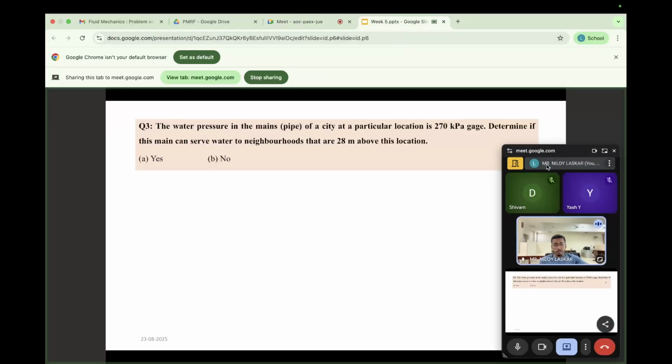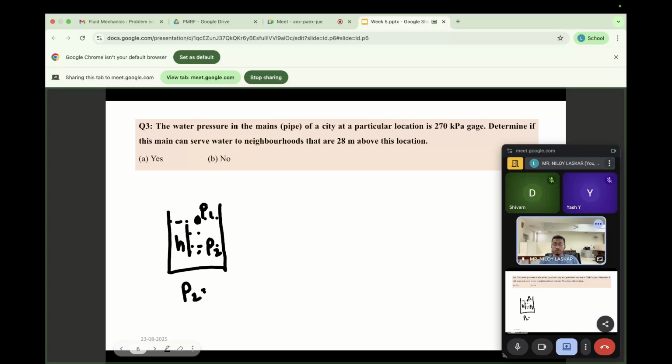Just I'm showing you a hint. This is similar to the problem I have given. Say this is water, right? As I have said, if this is a point P1 and this is a point P2 and this is height h, then P2 equals P1 plus rho g h.